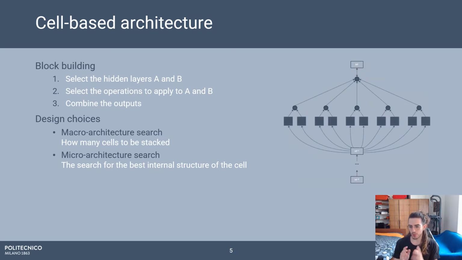The idea is more or less the following. In this picture you can see the cell HC-1, which is the input of the current cell, that is composed by 5 blocks, each one with their operation, their concatenation, and finally we have a global concatenation which creates the input of the next cell.